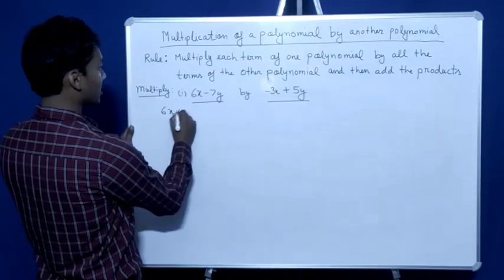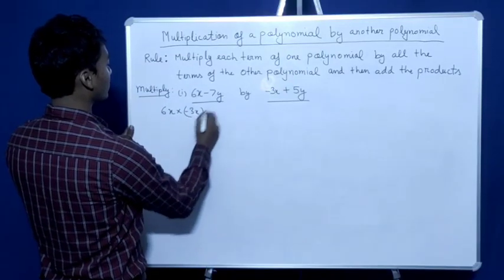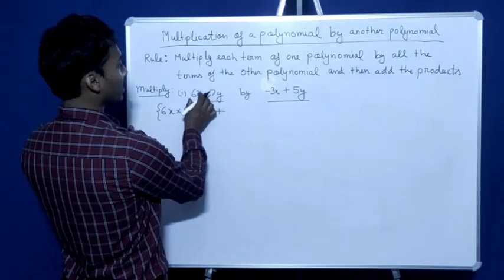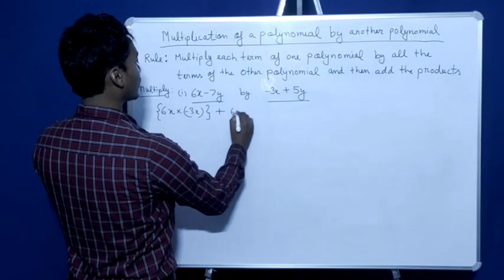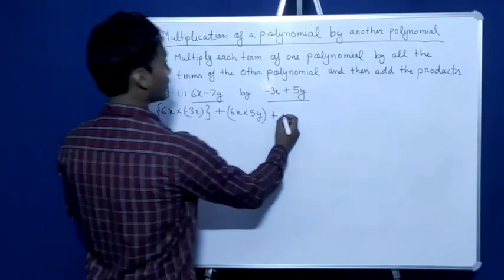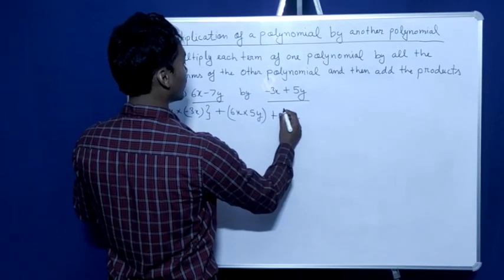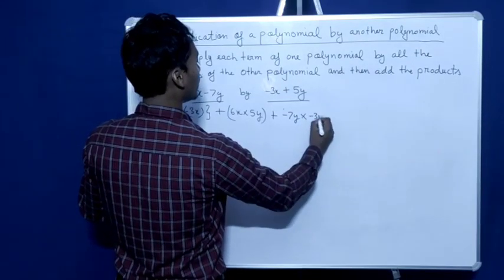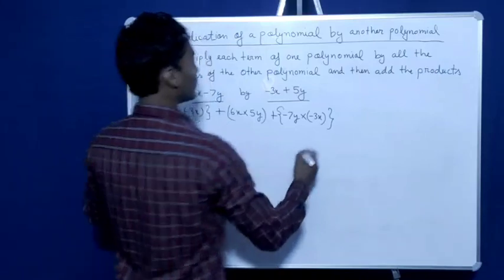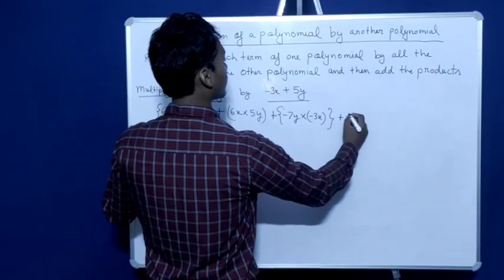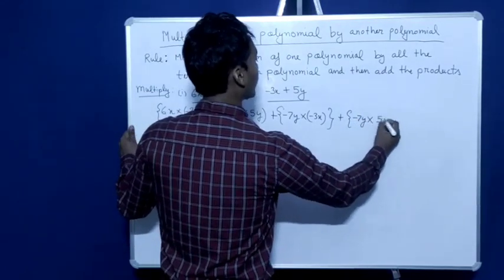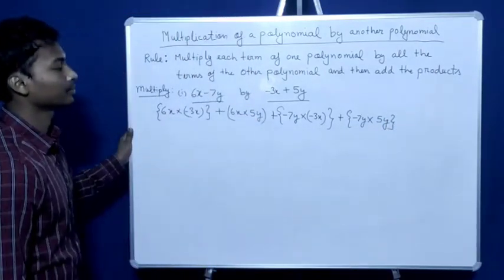So first 6x multiplied by negative 3x, then we can multiply 6x and 5y, so 6x times 5y plus, now the second term we can take, so negative 7y times negative 3x, then plus negative 7y times 5y.